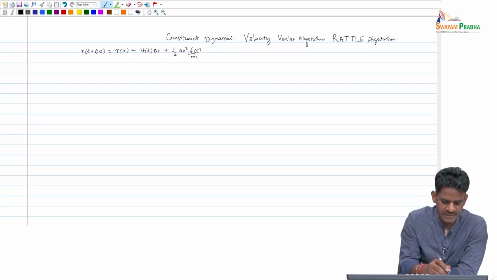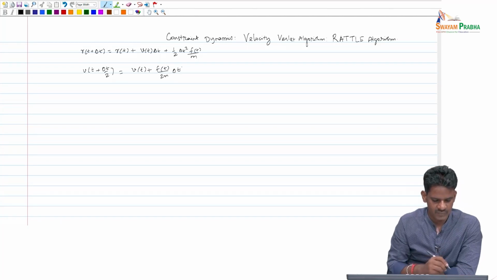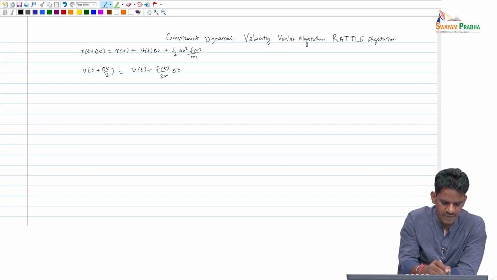At the same time, we also get the velocity at half step using the current velocity plus the current force. Then once we have the new position, we can get new accelerations or new forces at t plus delta t.